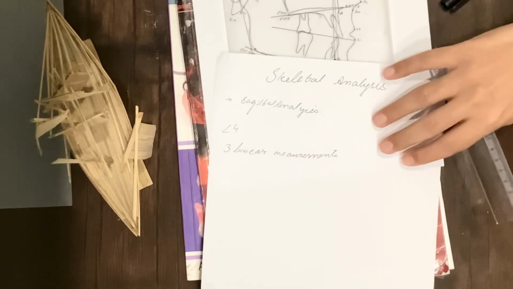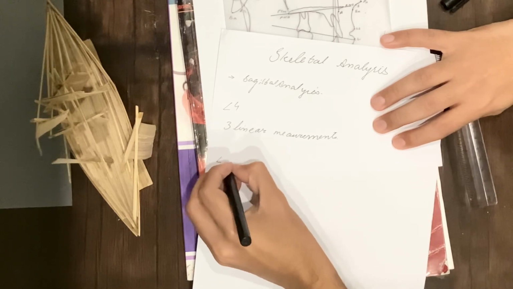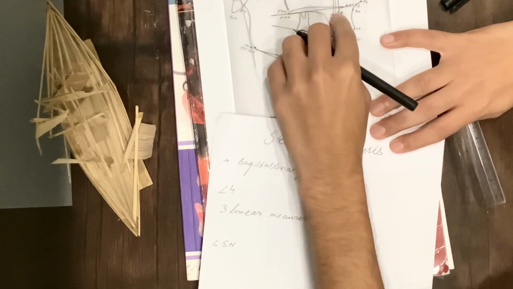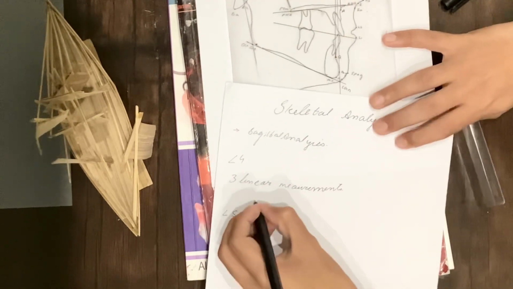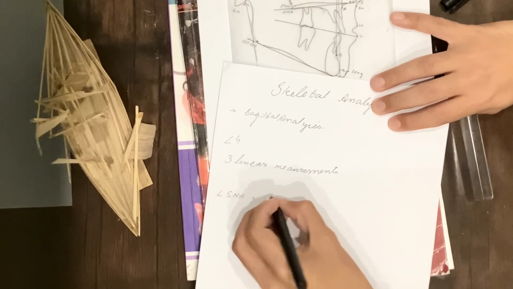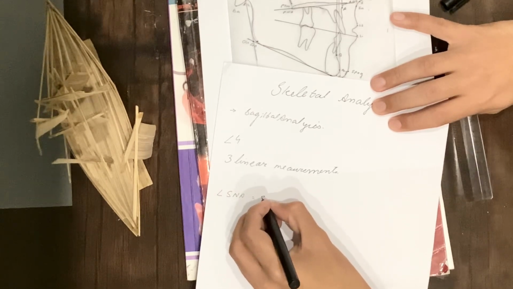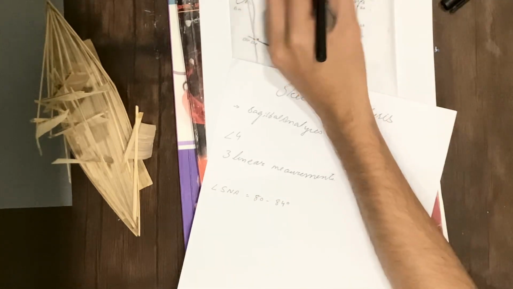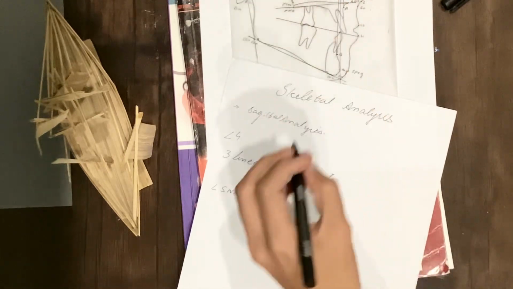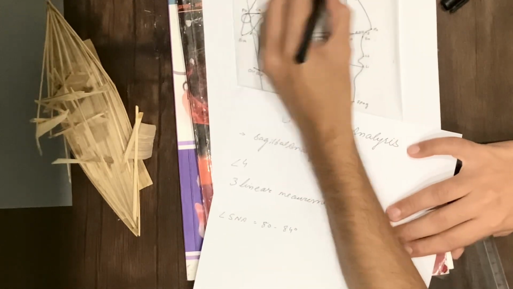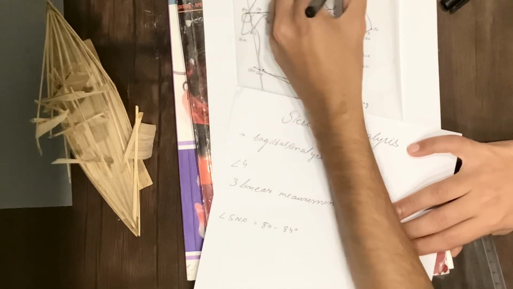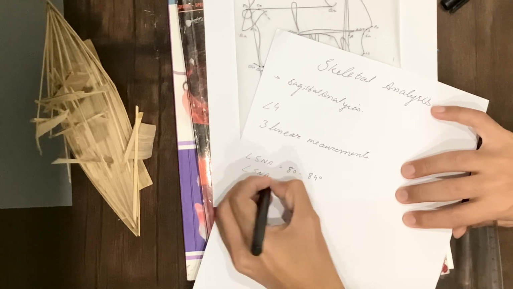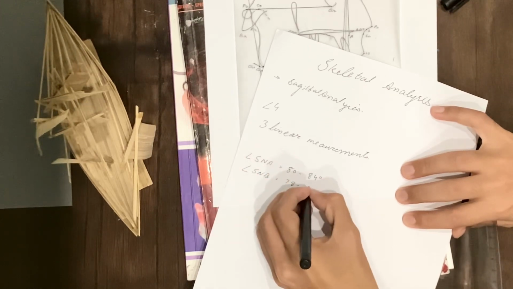The first value, which is from sella to nasion and from nasion to A point, this angle should be 80 to 84 degrees, while the second angle, SNB, should be between 78 to 82 degrees.